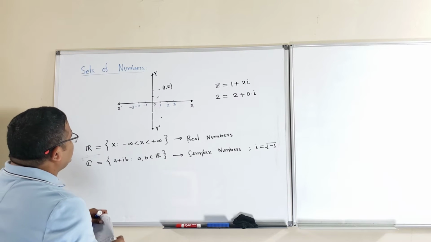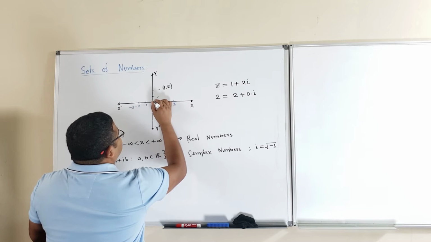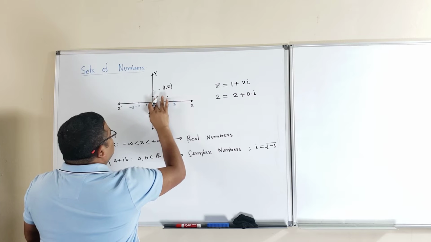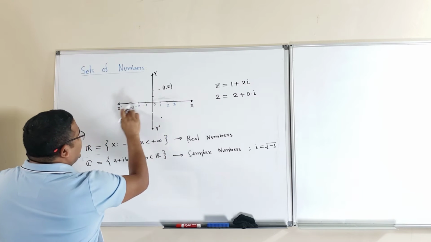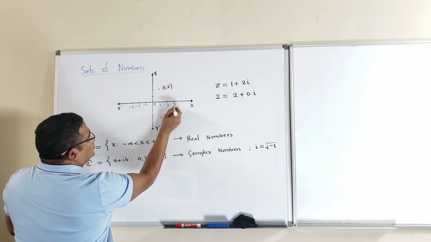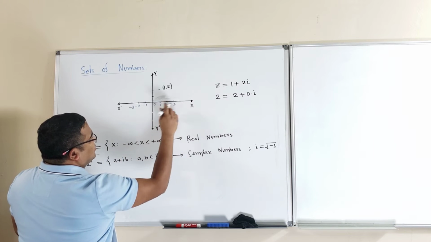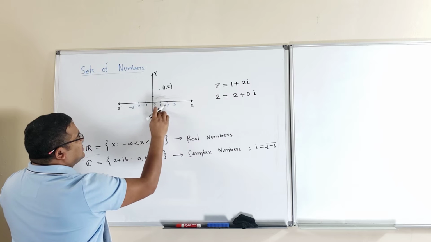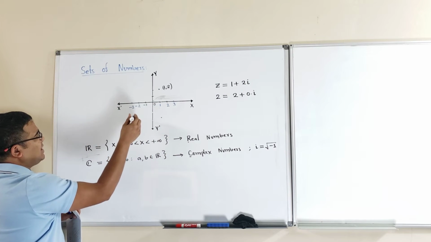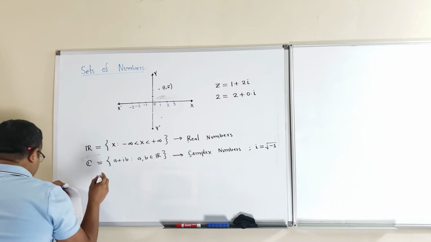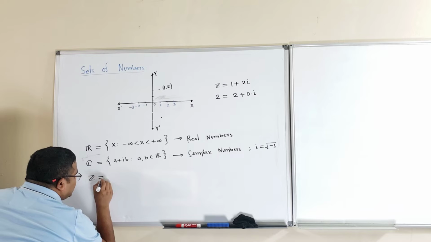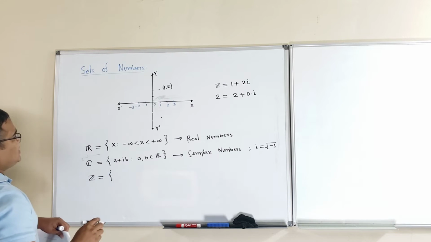Now, if you think only about this part, on the x-axis, this is 0, this is 1, 2, 3. If you go this way, the positive x-axis, it increases. If you go the negative x-axis, it decreases. Now, there's another type of number, that is the integers.